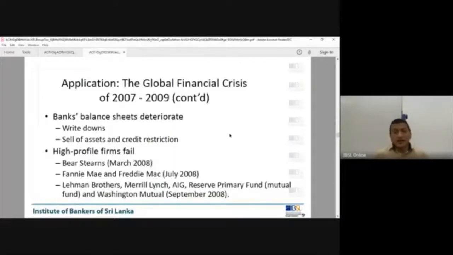The financial assets of these agencies and the rest of the financial industry as a whole are collapsing because nobody knows how much other financial intermediaries are exposed to these collapsed agencies. So everybody is unsure of the information that is available.